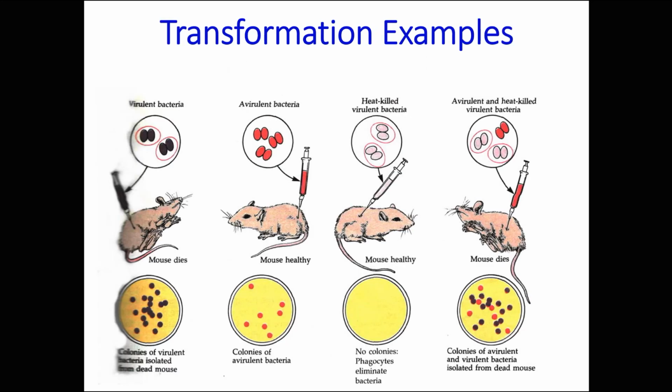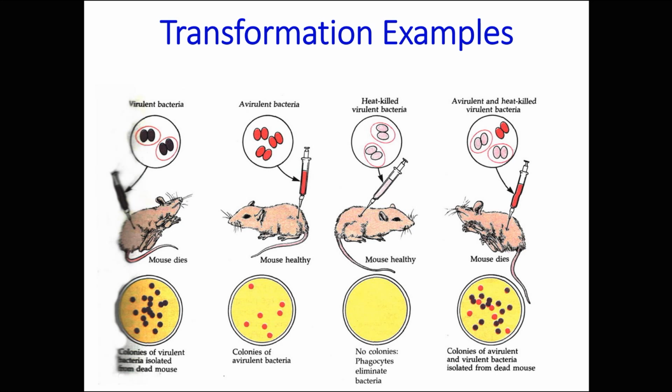Transformation example by Griffith. Griffith studied transformation via pneumococci strains. He injected virulent bacteria in mice, and the mice died after 1 day.